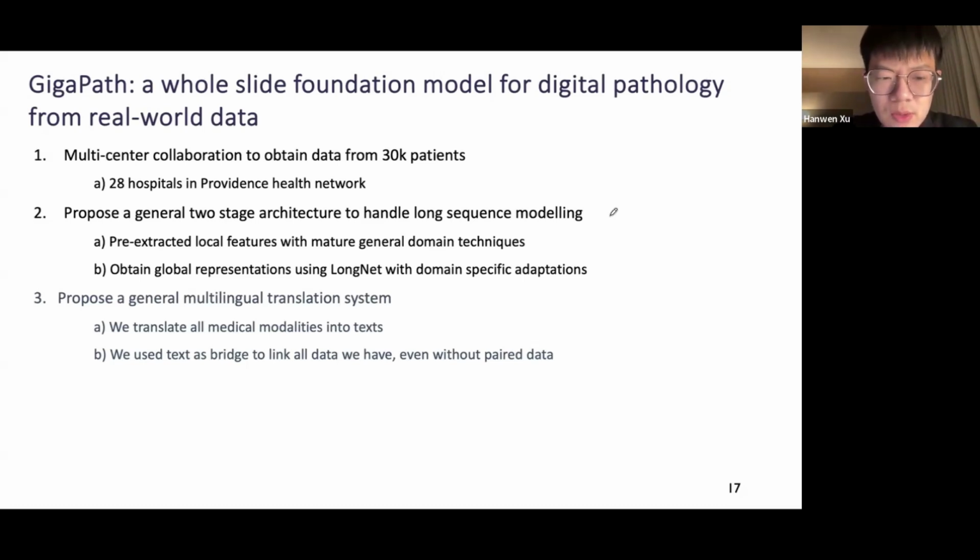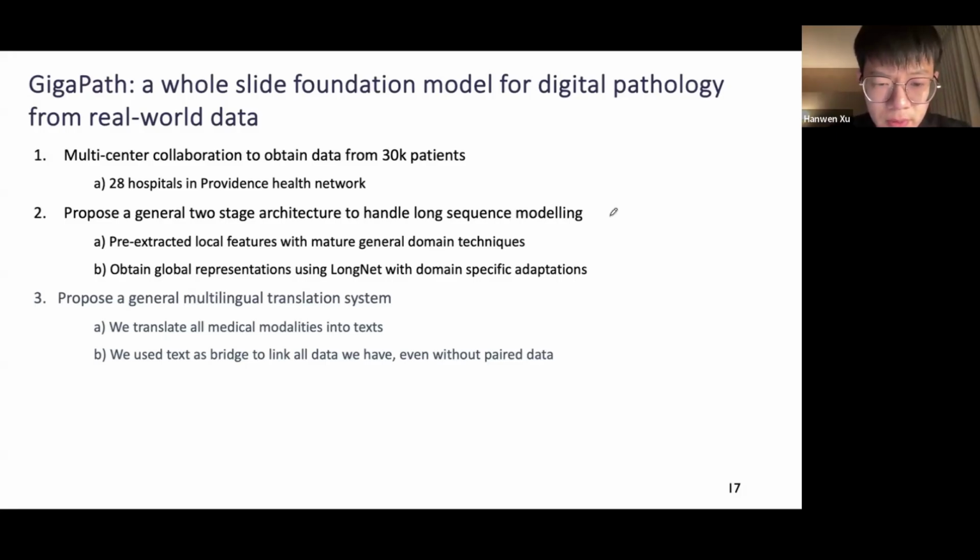And for the long sequence problem we talked about before, we propose a general two-stage architecture to handle long sequence modeling. This consists of a local feature extractor and a global representation learner. The local feature extractor usually focuses on tile-level features of subtle morphological differences.